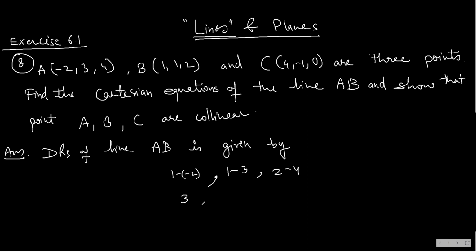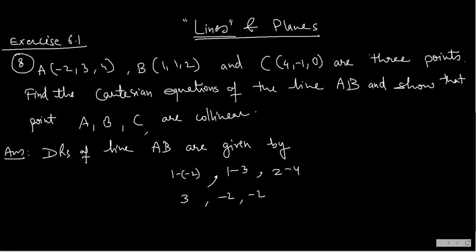So this is 3, -2, and -2. So we got the DRS of AB: 3, -2, -2.